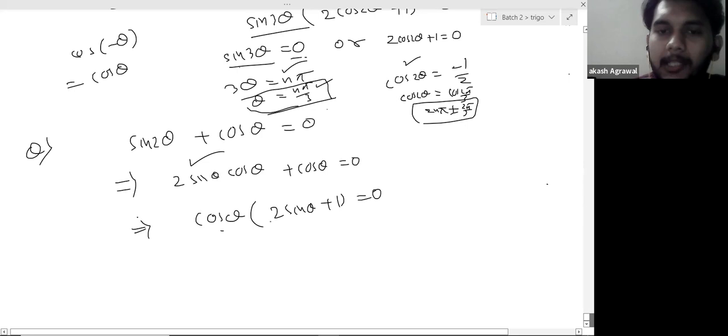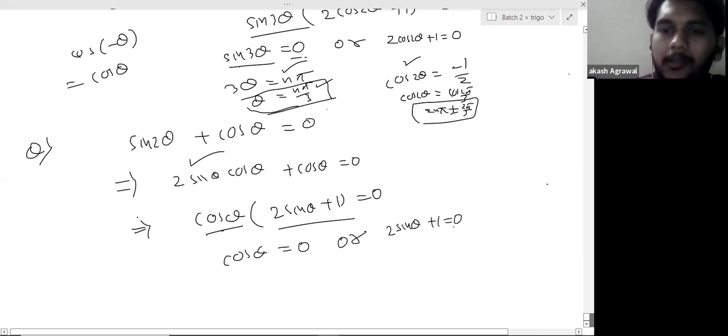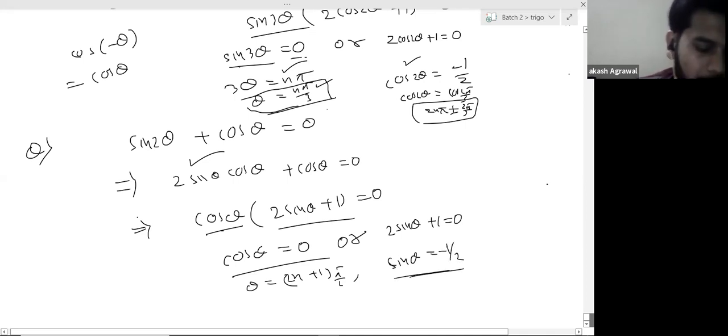So if two numbers are multiplied, then either this is 0 or this is 0. So either cos theta is 0 or 2 sine theta plus 1 is 0. So theta will be (2n plus 1) into pi by 2. Here you have to solve sine theta equal to minus half. This you know how to solve. All right, Rahman, Shaifullah.